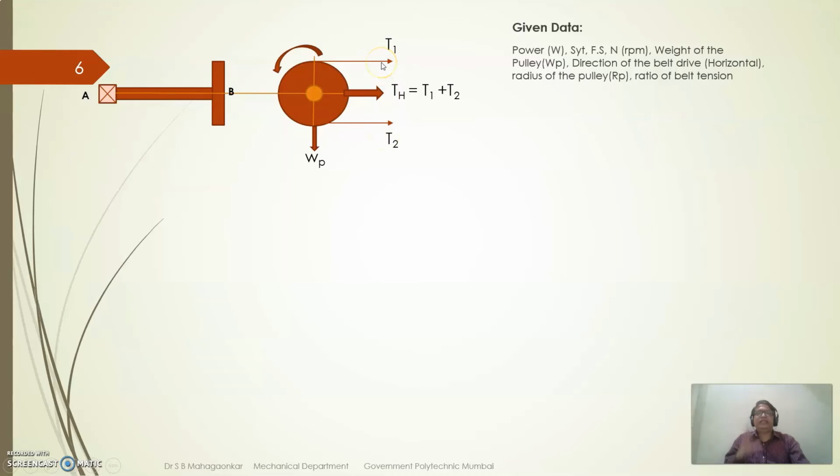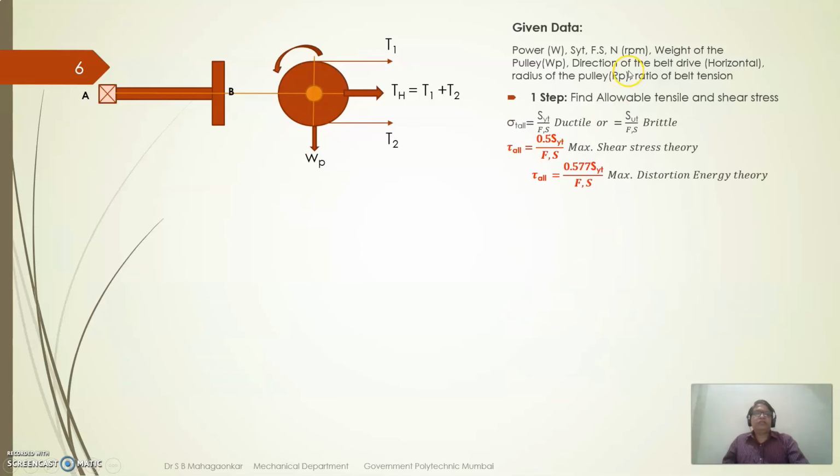The tensions T1 and T2 are given, or else power is given. With the power I can find the tension ratio. If T1 upon T2 is given, I can get T1 and T2 from the power like that. Okay, weight of the pulley is there, right?